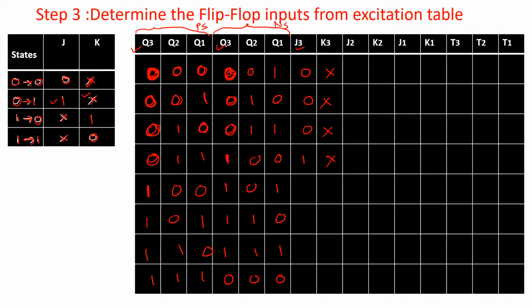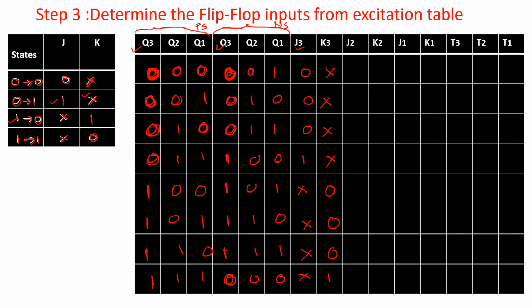Now present state is 1 and next state is 1, so this is don't care and 0. Again present state is 1, next state is 1, don't care and 0. Here it is again 1 and 1, so that is don't care and 0. And finally, present state is 1 and next state is 0, so it is don't care and 1.